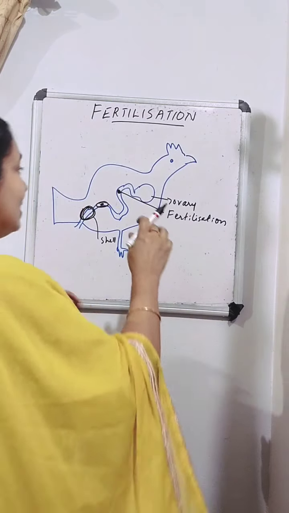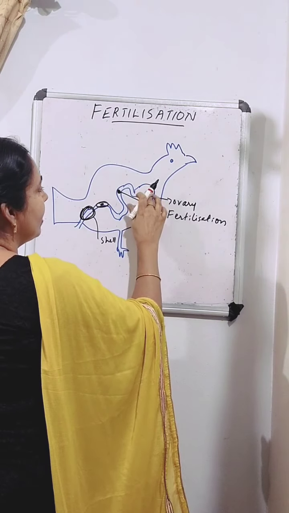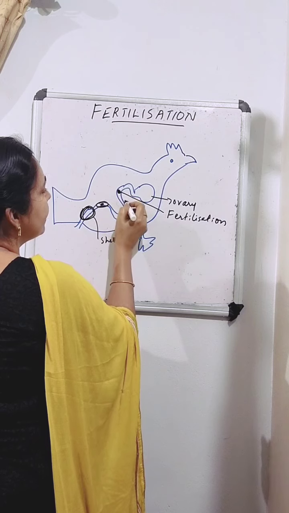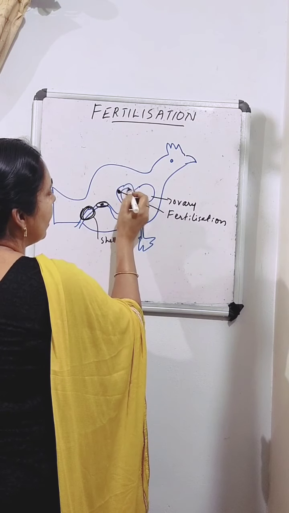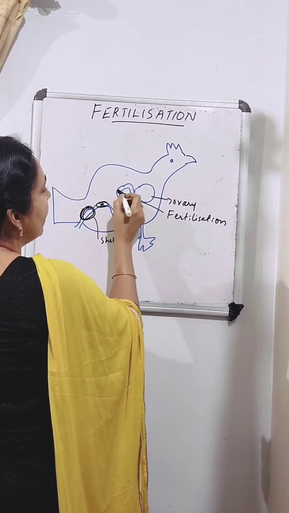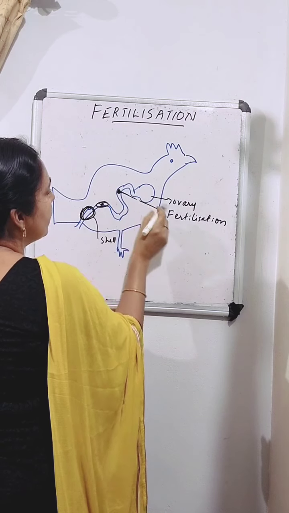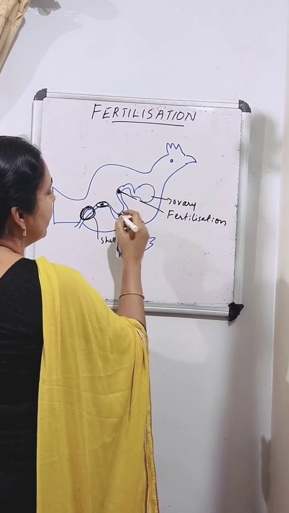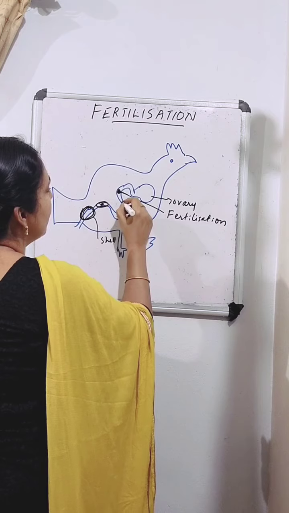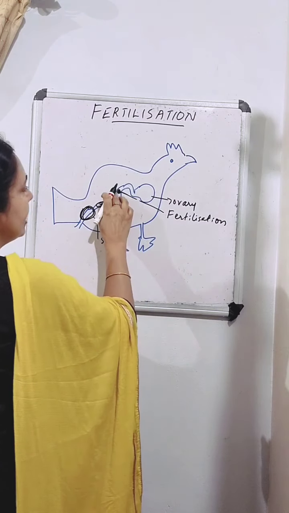So this is the ovary of a hen, and you can see the oviduct connected to the ovary. Fertilization takes place inside the oviduct. Sperms will move towards the ovum and fertilization takes place.